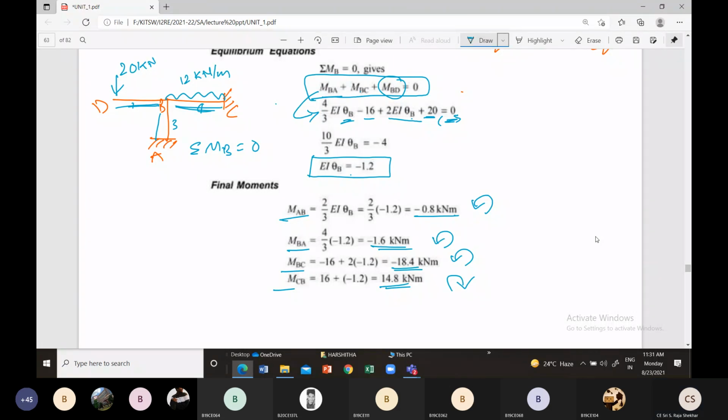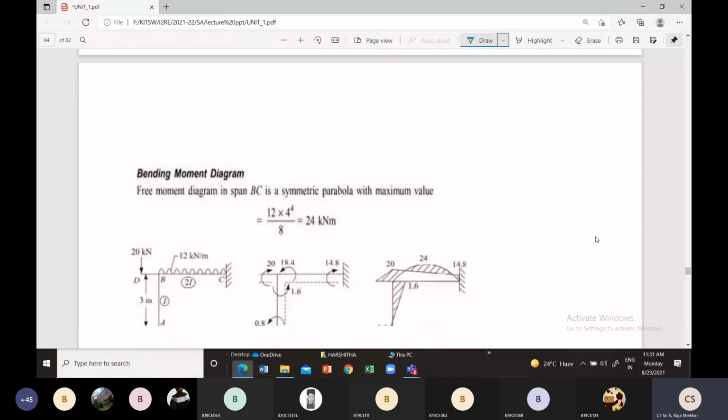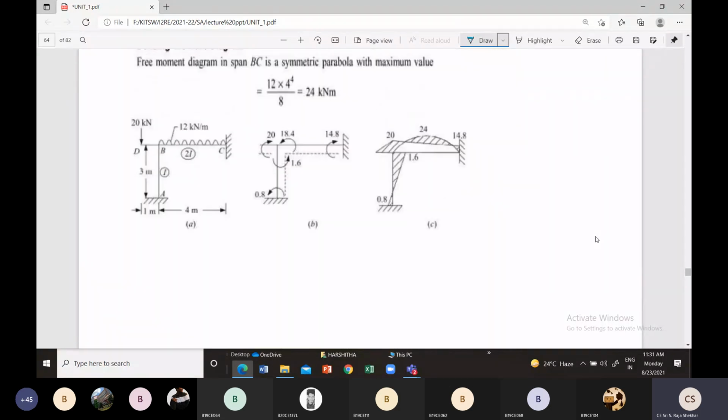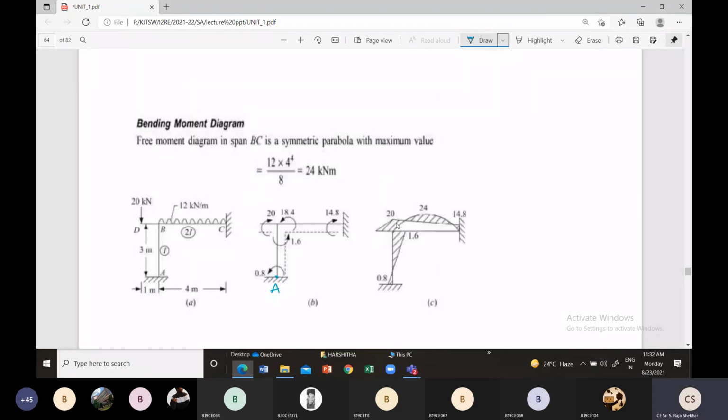After that we need to draw the bending moment diagram. Before that, we draw the positive, that is the sagging moment. After that we will draw the hogging moment. So these are the moments. At support A, a negative moment will be there.